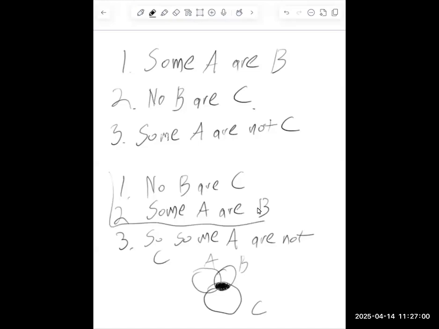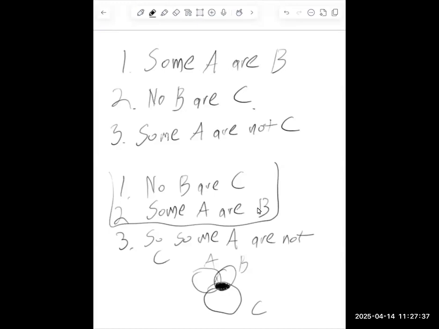Then we look at our conclusion and our second premise, some A is B. Well, we have to put this X here where A and B overlap. If we do that, are we going to have something in A that's not in C? Well, yes, we will. There's no way she could draw this where there's not something. She has to put the X in a place that's in A and not C. So this is a valid argument.